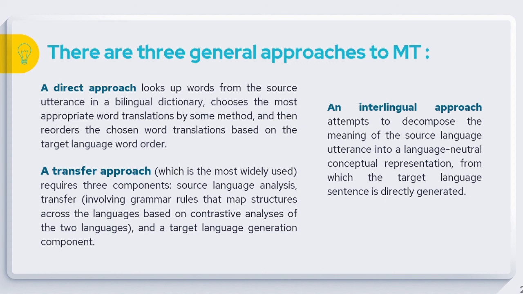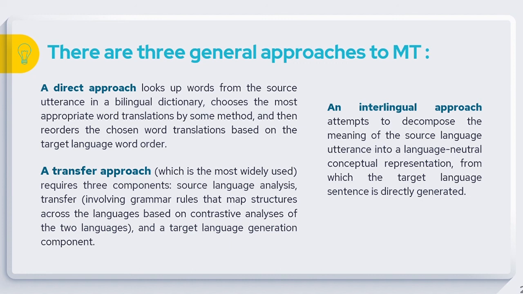A transfer approach, which is the most widely used, requires three components: source language analysis, transfer, involving grammar rules that map structure across the languages based on contrastive analysis of the two languages, and the target language generation component.